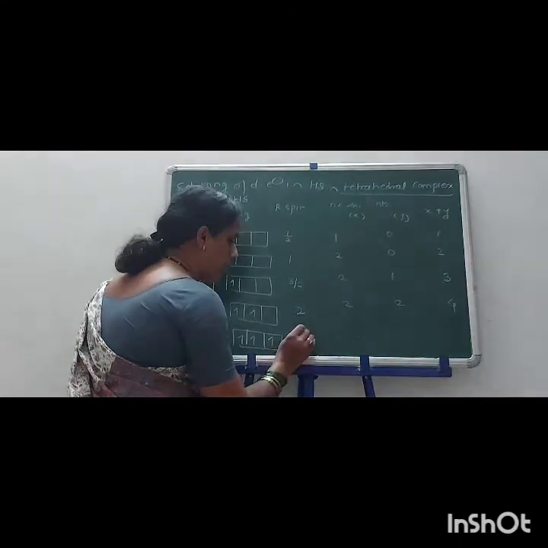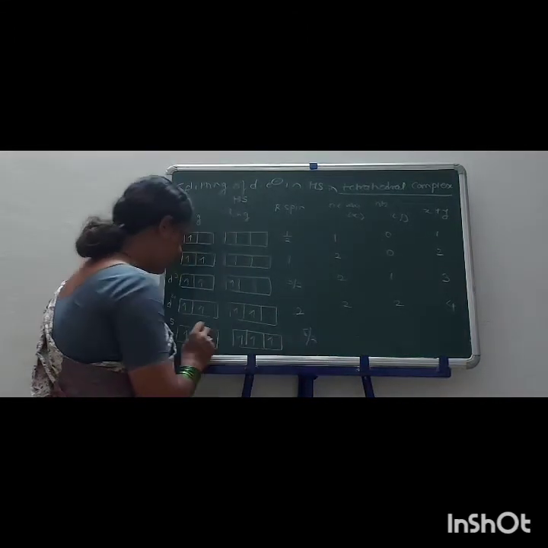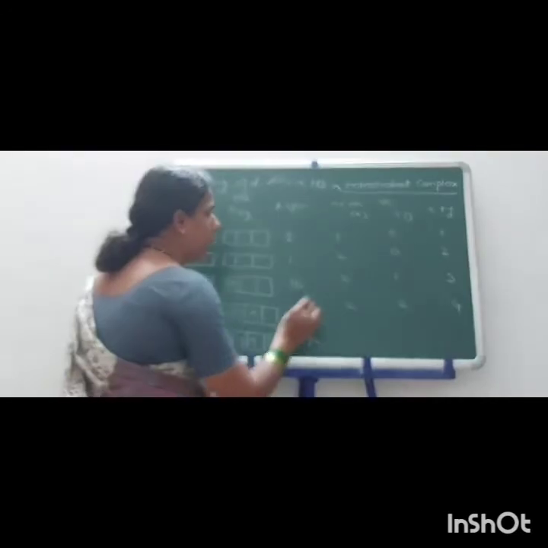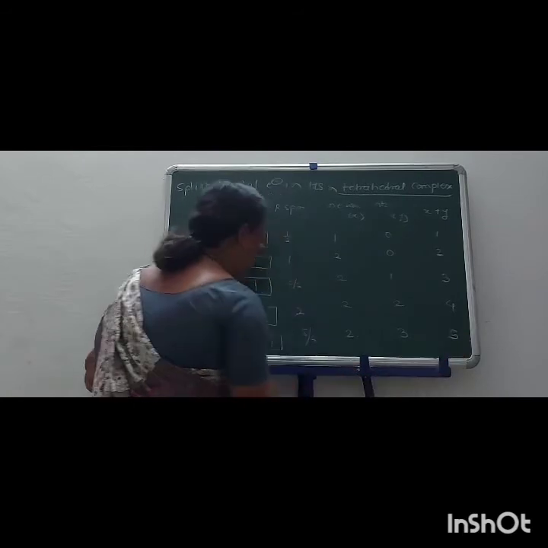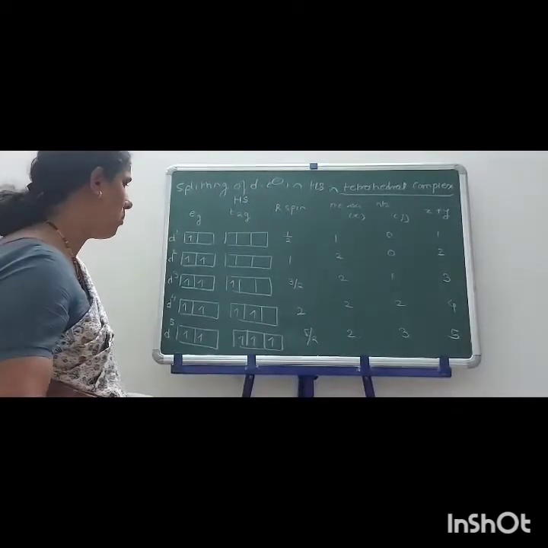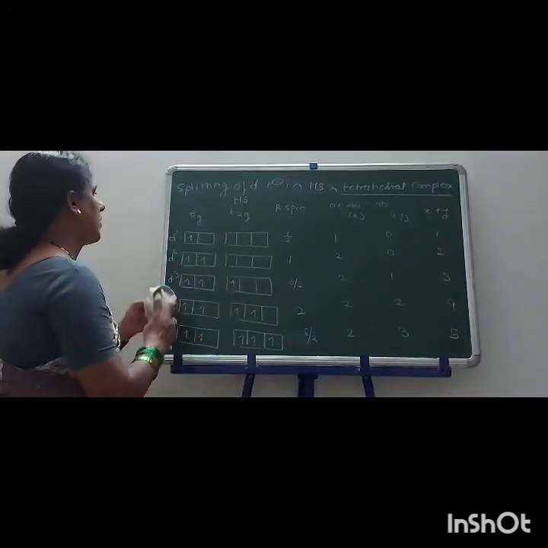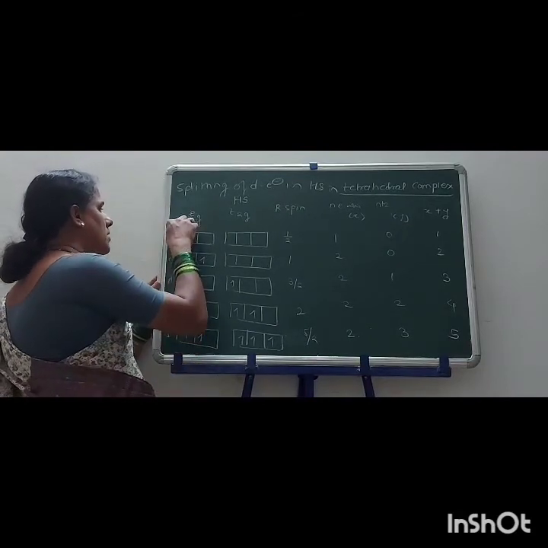That is 5 by 2. The resultant spin is 5 by 2. Number of electrons 2 plus 3 is equal to 5. Now for D6, the electrons are equal to 6.